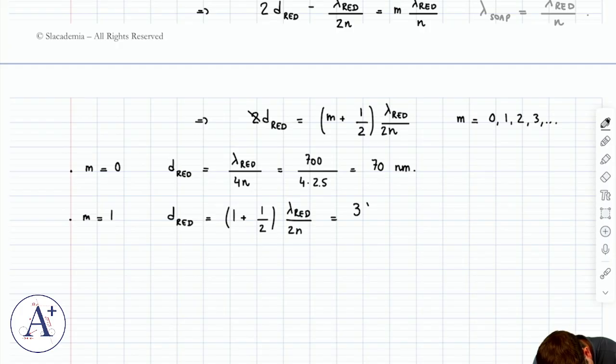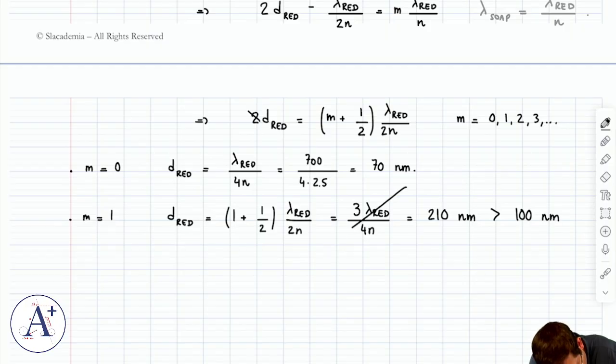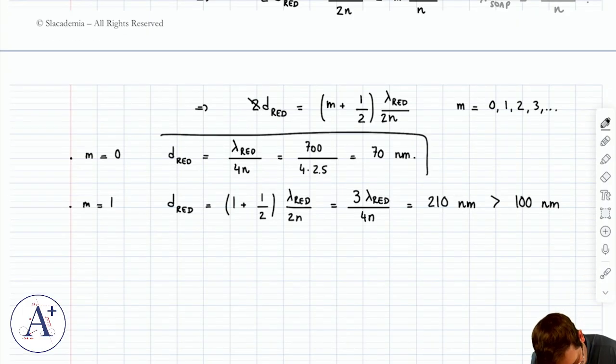This is 3 lambda red over 4n, which is basically 3 times this. That's 210 nanometers. Yeah, that would work, but that's greater than 100 nanometers, so basically we rule it out. And so the film thickness for which the film appears red is 70 nanometers. Right? That's our answer.